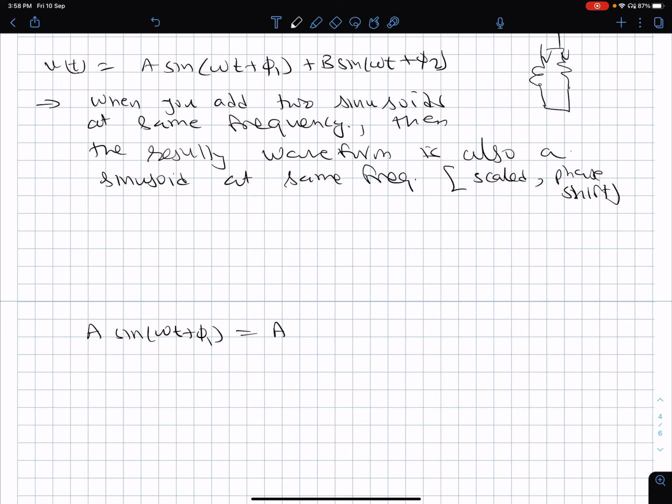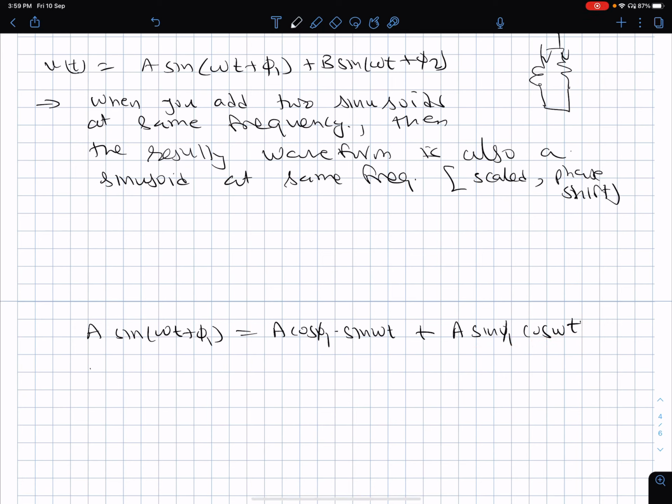This is A sine omega t cos phi 1 plus A sine phi 1 cos of omega t, using sine A cos B plus cos A sin B. Correct?